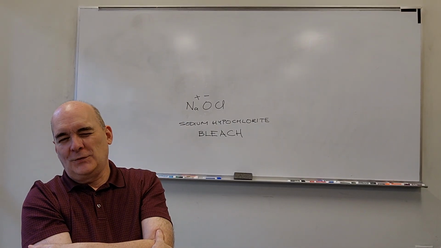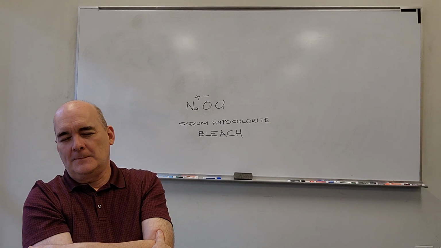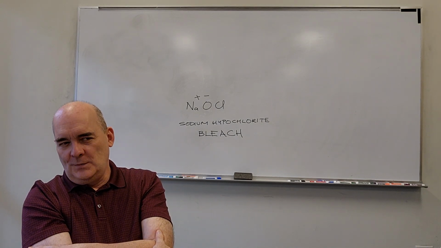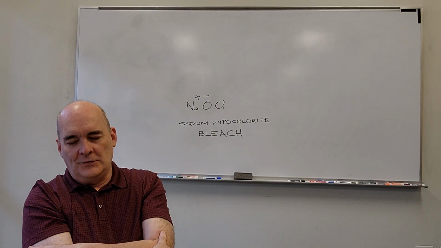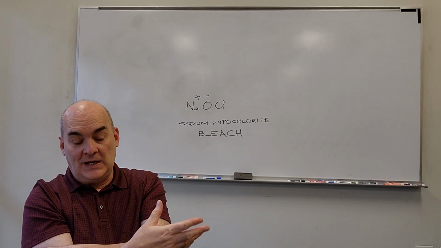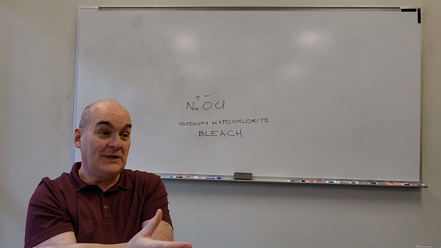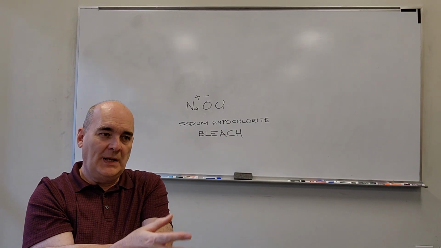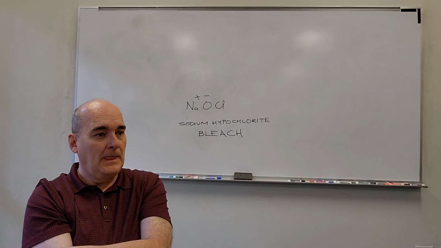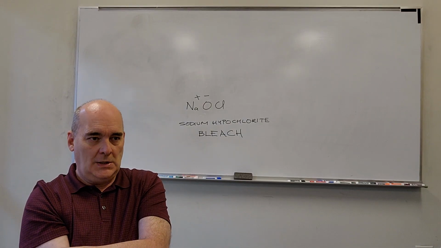They're group 2 metals, and depending on what they're associated with, if they're chlorides or something like that, their solubility is high. But if they're carbonates or hydroxides, then their solubility is low.